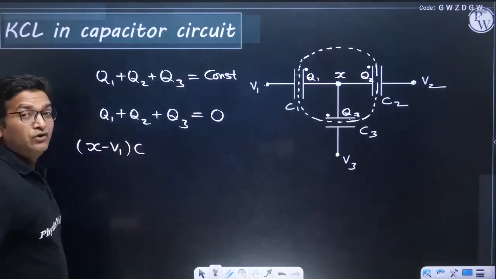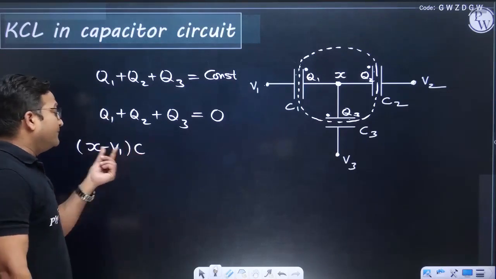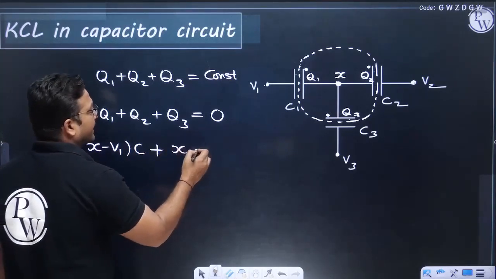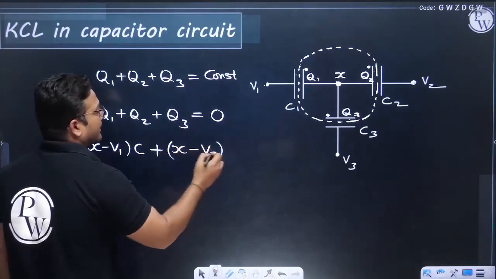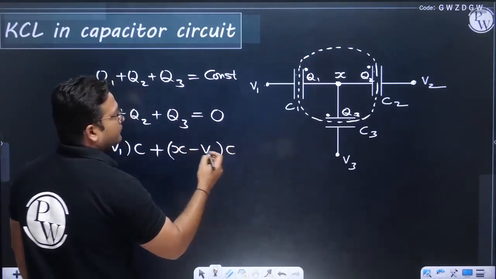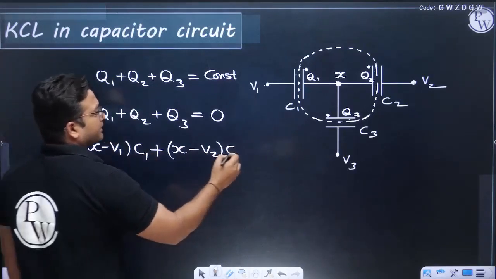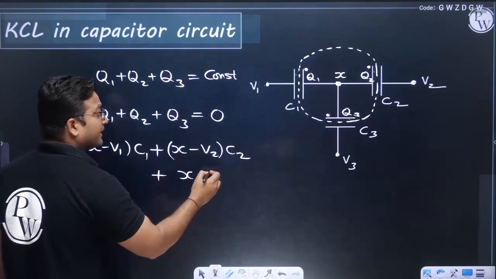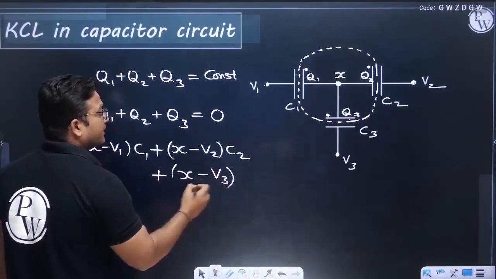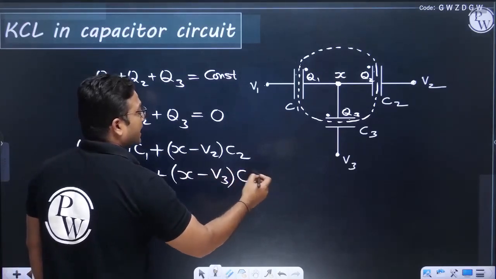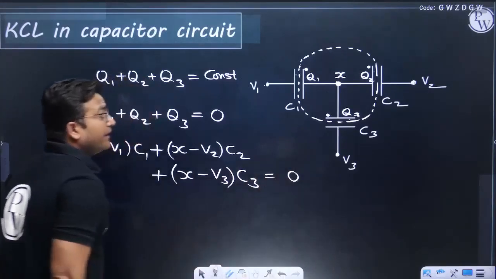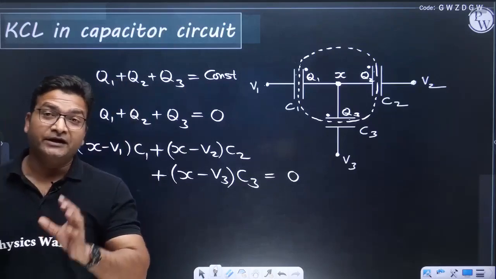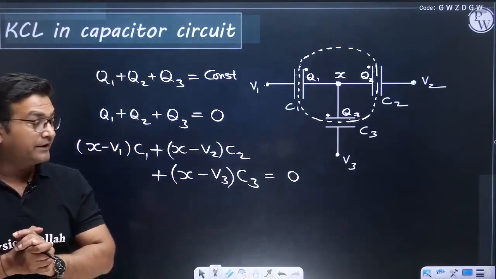This is the value of Q1 because Q is C times V. The Q2 can be written as X minus V2 multiplied by C2, and plus Q3 can be written as X minus V3 times C3, and this sum equals 0 if there is no charge initially on any of the capacitors, right?